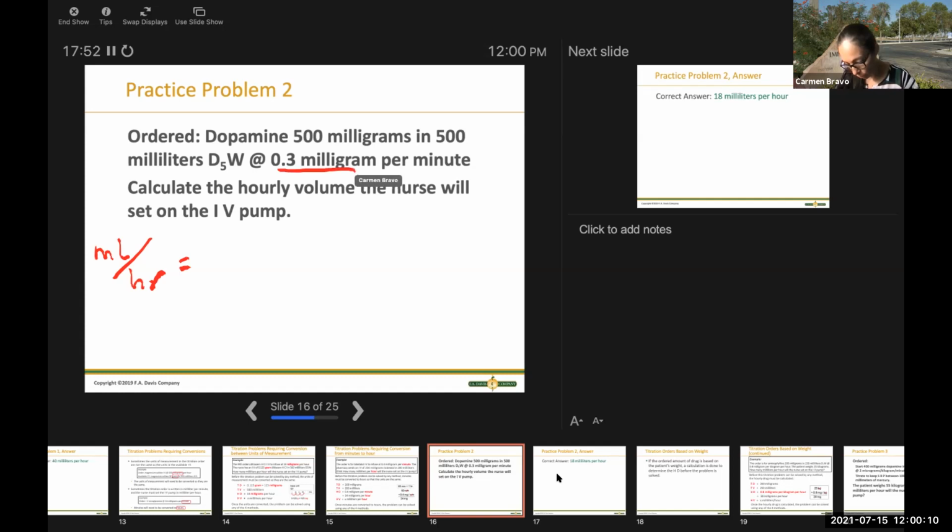So I start with my hourly drug, and then my total volume, what's my total volume? 500. And then my total drug, which is 500.